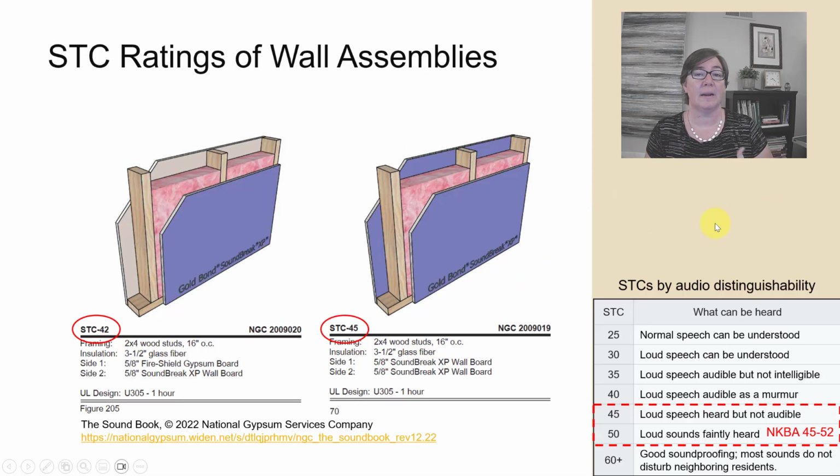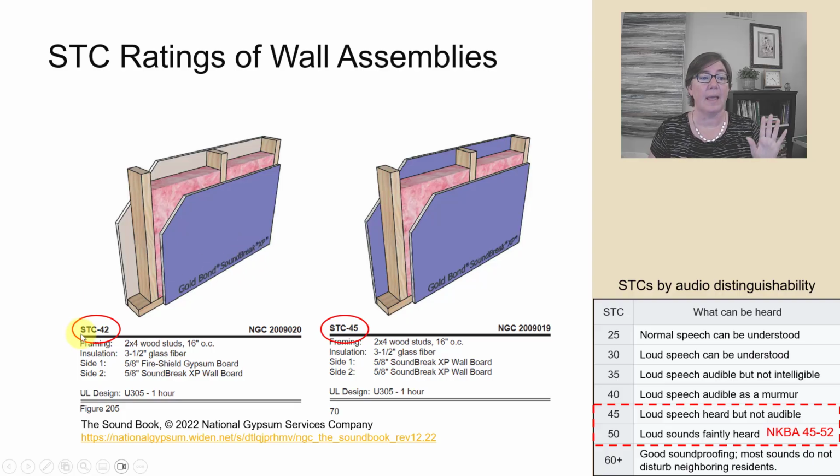Moving on, let's take a look at what happens when you start using the specialty acoustic gypsum board. On the left, we have our same standard 2x4 wall. We've got standard gypsum board on one side, we've got the fiberglass batt insulation, and we've got the acoustic gypboard on the other side.